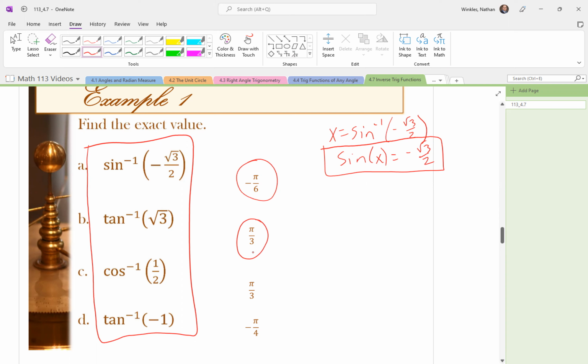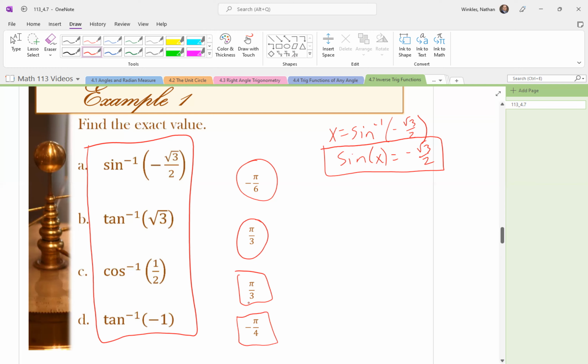For inverse cosine of 1/2, where does cosine equal 1/2? That's going to give us pi over 3 as our answer. So a lot of this can be found by looking at our unit circle. Inverse tangent of negative 1 is going to be negative pi over 4.